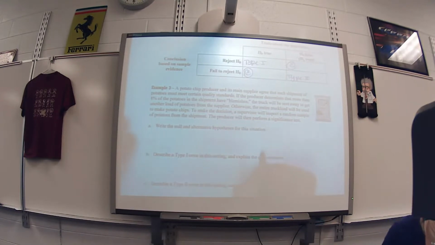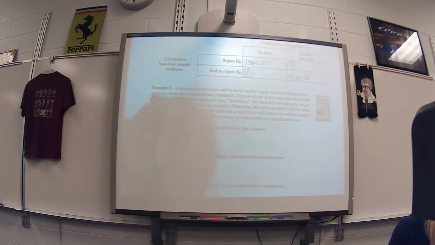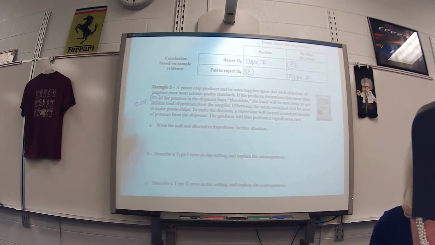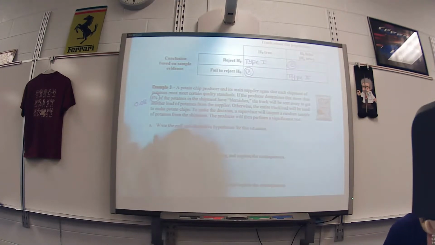So the null and alternative hypothesis would be, all right, the number they gave us here is 8%, 0.08. That is a percentage, a proportion. We're using P's. So the null hypothesis has to use P for percentage. The null hypothesis always uses an equal sign.